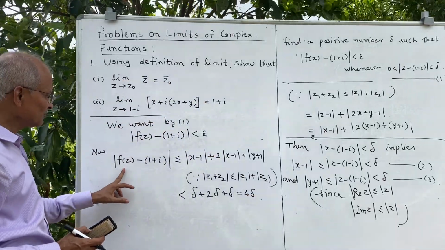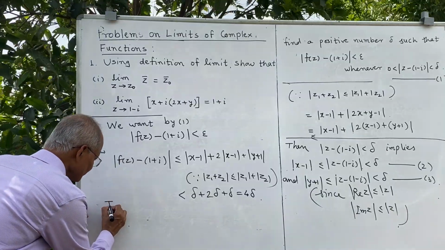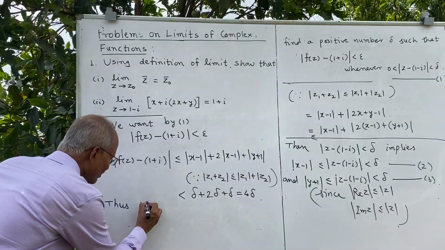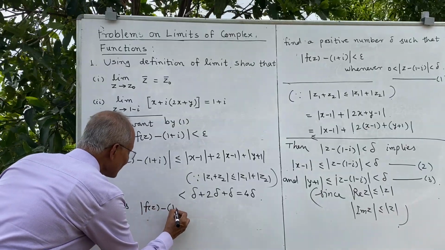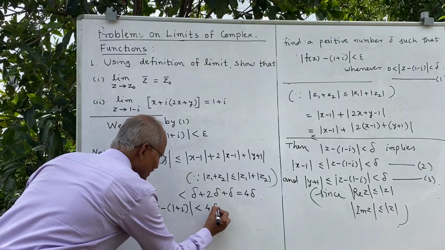And thus what is the relation we have? Mod of f of z minus (1 plus i) is strictly less than 4 delta.